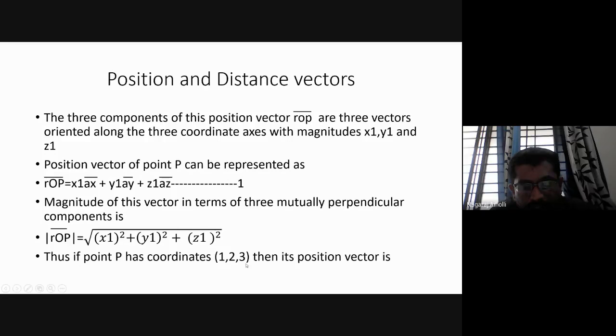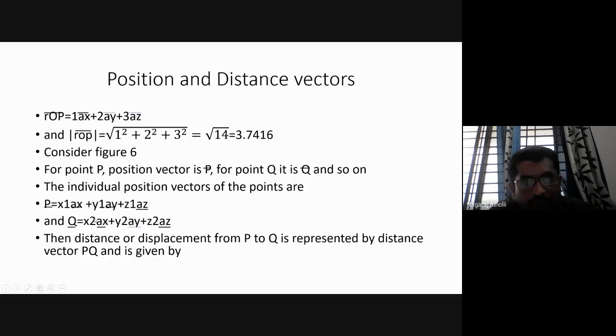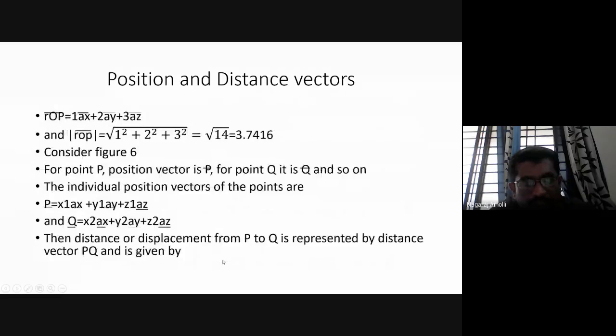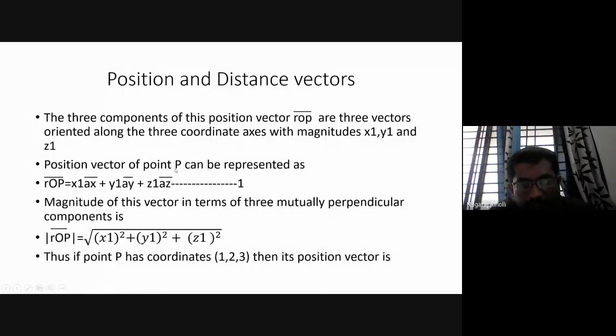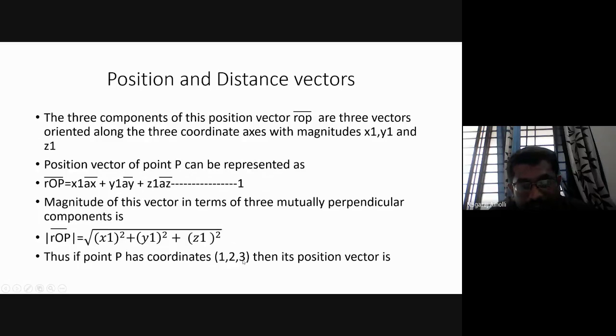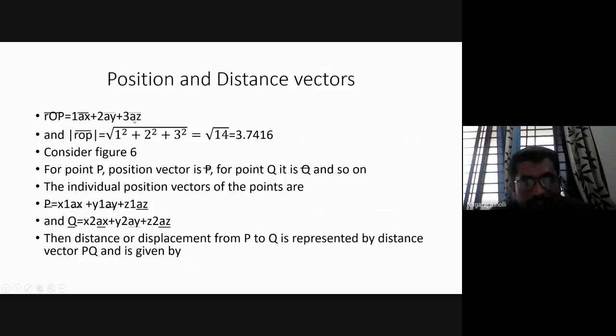So we have R_OP bar equal to 1 ax bar plus 2 ay bar plus 3 az bar. The x component is 1, the y component is 2, and the z component is 3.